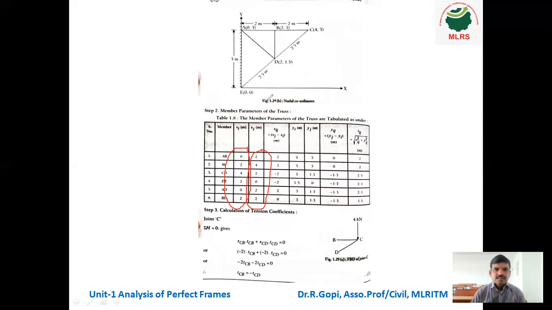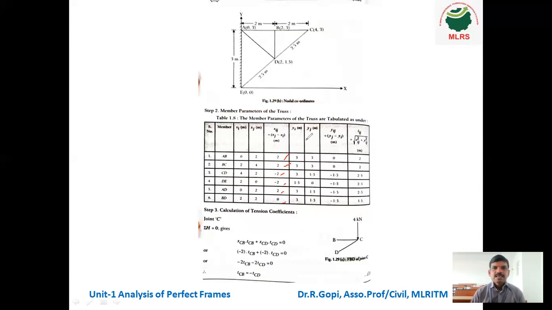So 2 minus 0 is 2. 4 minus 2 is 2. 2 minus 4 is minus 2. 0 minus 2 is minus 2. 2 minus 0 is 2. 2 minus 2 is 0. So these are all the parameters.